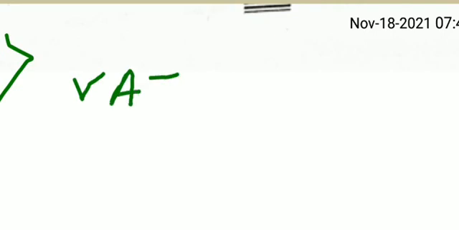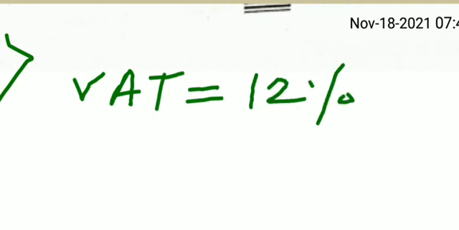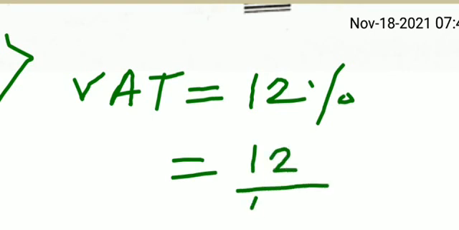Question number 7. So first of all, you have to find out VAT. So VAT is equal to, here given 12%. Now 12% means 12 by 100 into 20,776.